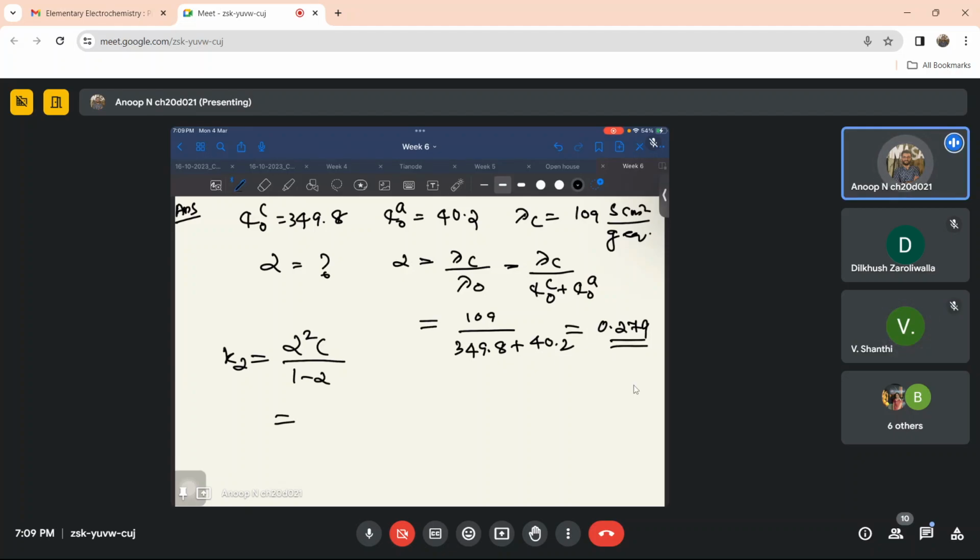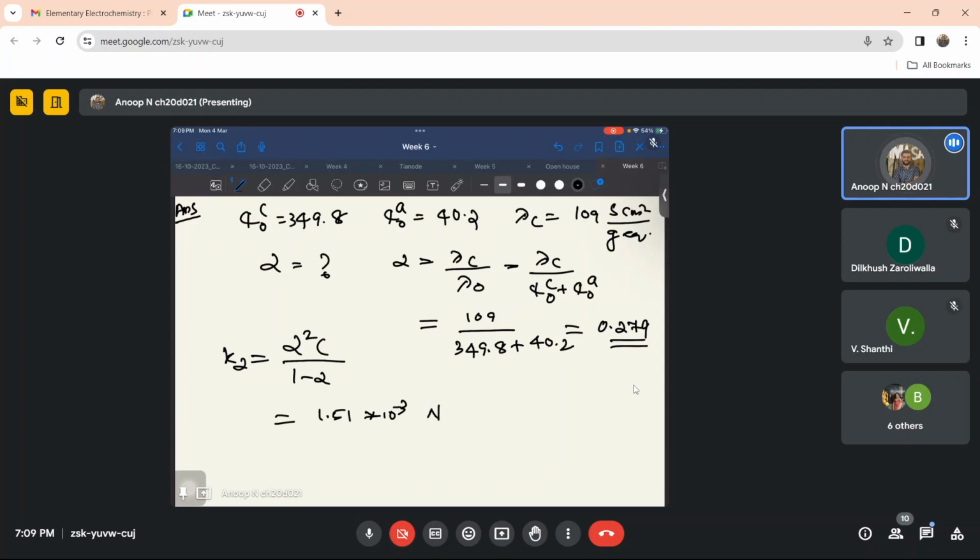What is alpha? Alpha is 0.279. So 0.279 squared into concentration. Concentration is given in normality, so you can take 0.014 divided by 1 minus alpha, so that you get the answer 1.51 into 10 raised to minus 3.